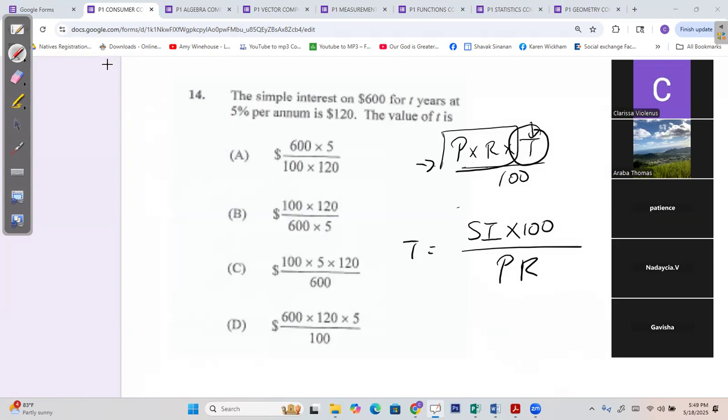I have a serious question. What is the simple interest figure? Because this question is ripping up everybody. Let's go. What's the value of the simple interest?